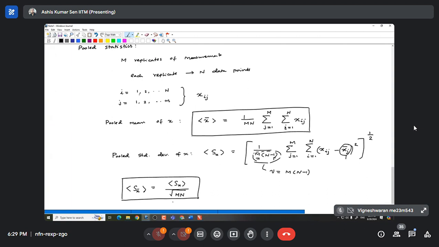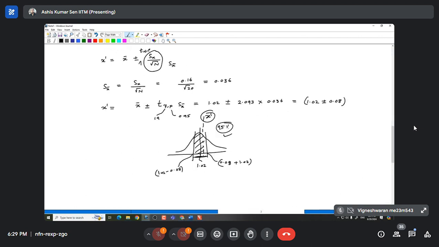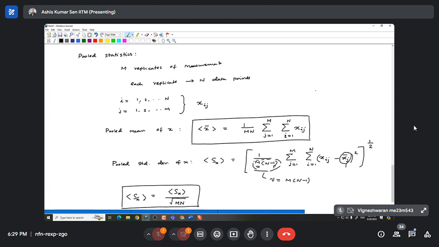Then you can use these values in the analysis that you did in the previous example. These data points are not coming from only one data set. They are different data sets, and when you have different data sets, this is the way to handle it.